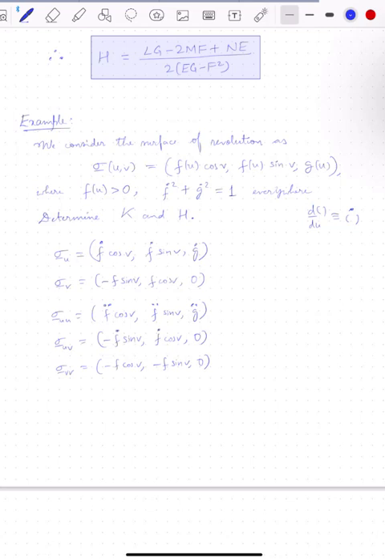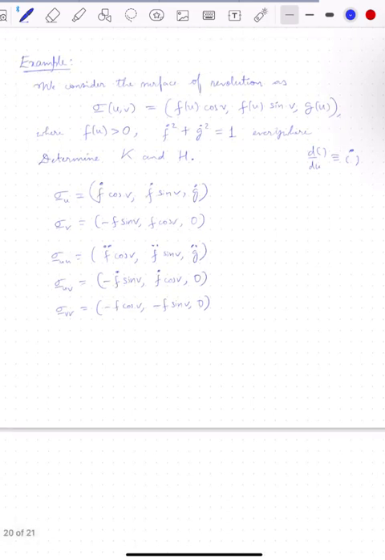So we have this. Now we can clearly construct the coefficients of the first and second fundamental forms. So E is equal to sigma u dot sigma u, which comes out to be f dot squared cosine squared v plus f dot squared sine squared v plus g dot squared, right? So cosine squared and sine squared combine, it's just one.